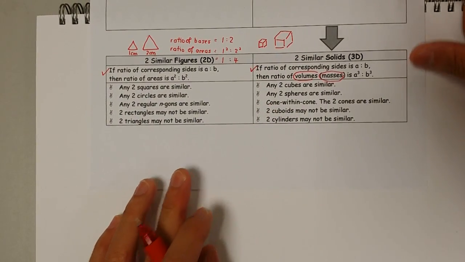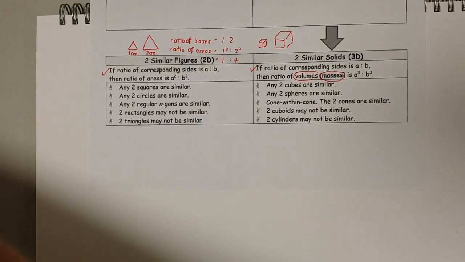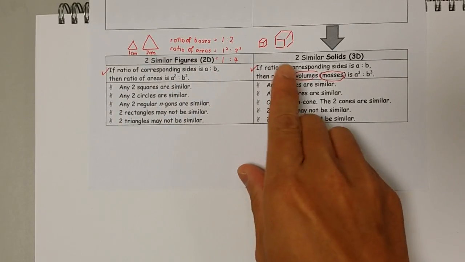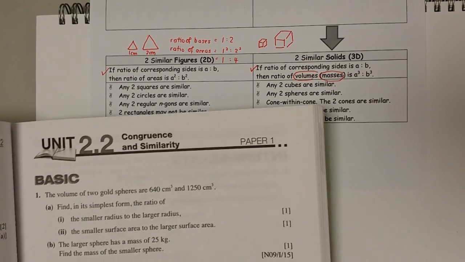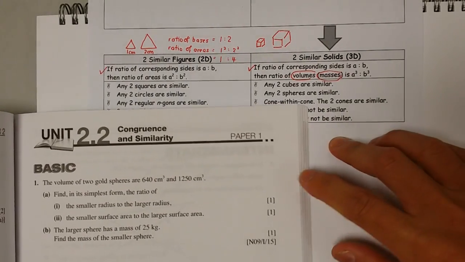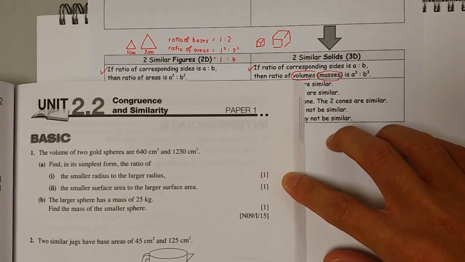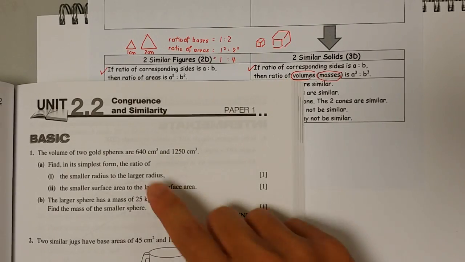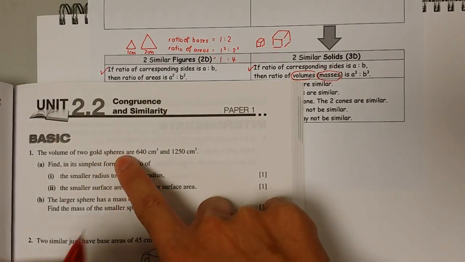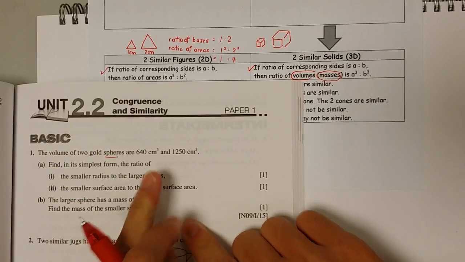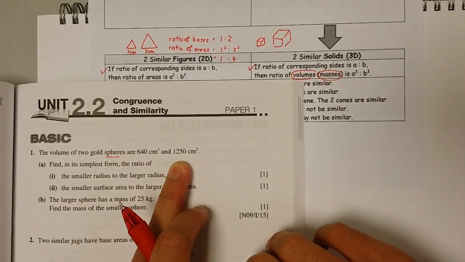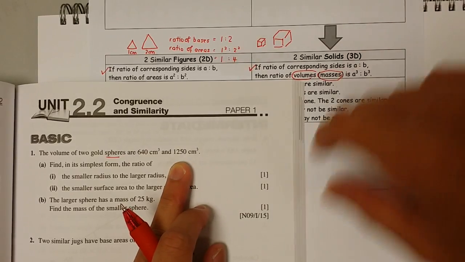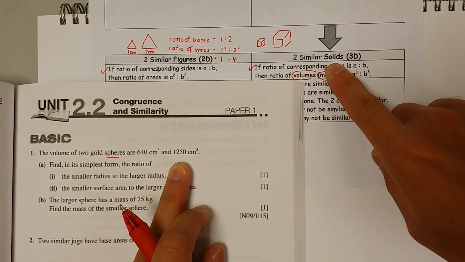Now let's take a look at a TYS example, and then we will see how we can apply these 2 facts that you need to know. So the example is here. Now, the volumes of 2 gold spheres are given here. Let's remember, we mentioned that any 2 spheres will definitely be similar solids, right?